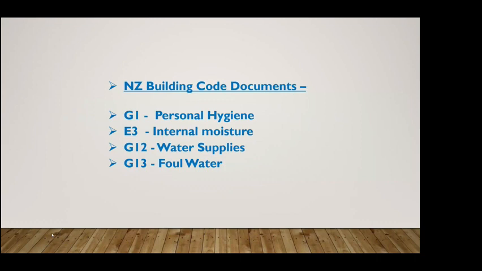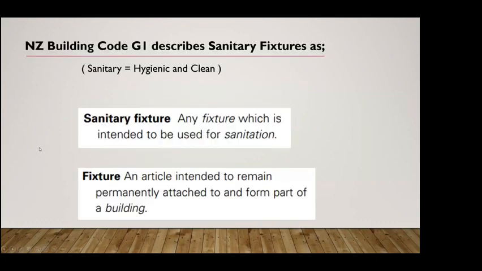Typically, it would reduce the need for vents and allow you to have branch drains with more loading and stuff like that. So most systems are probably designed to that standard. Most of that document, AS3500 Part 2, is an acceptable solution. It tells you in a portion of G13 which bits are and which bits aren't.